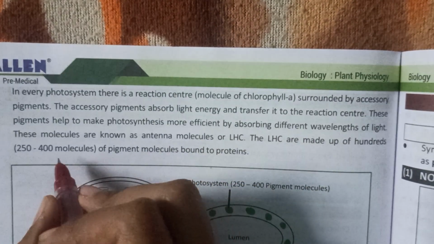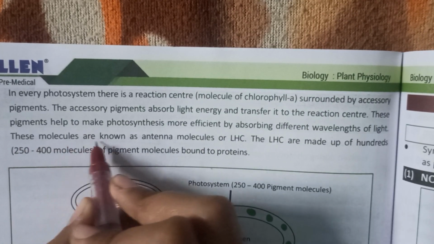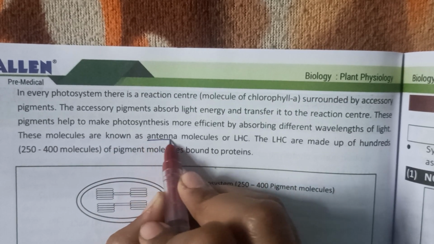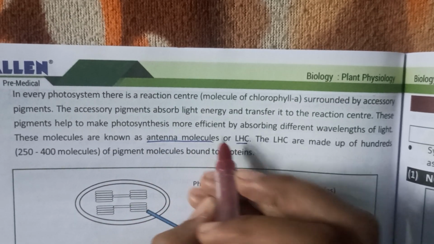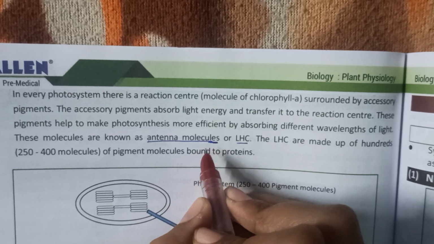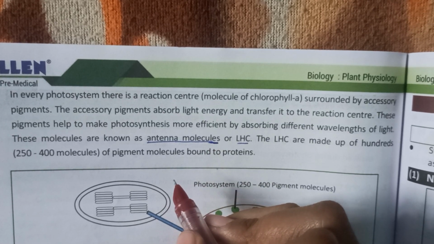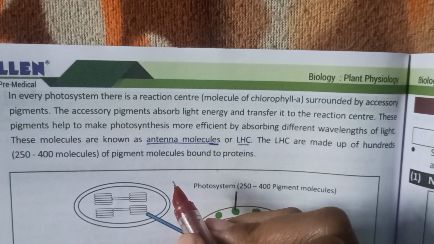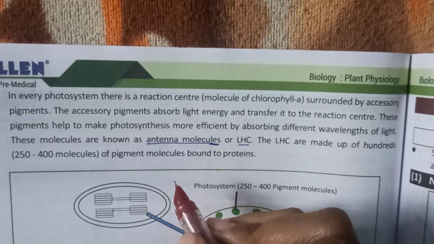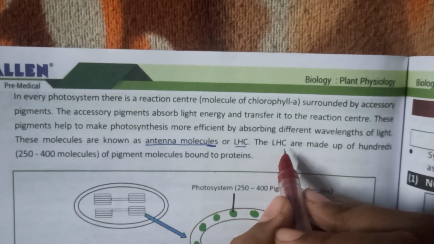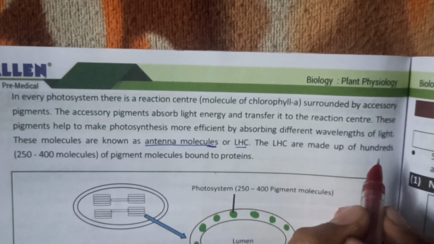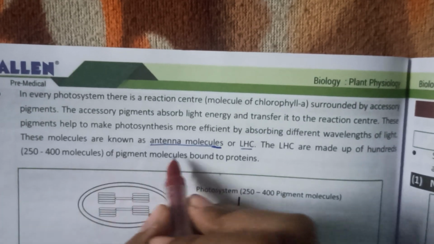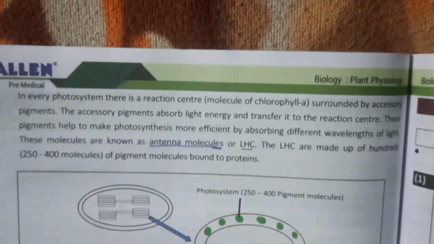So these molecules are known as antenna molecules or light harvesting complex. So the photosystem has a central reaction center and light harvesting complex. This light harvesting complex is otherwise called antenna molecules, and these antenna molecules or LHC are made up of hundreds of pigment molecules bound to protein.